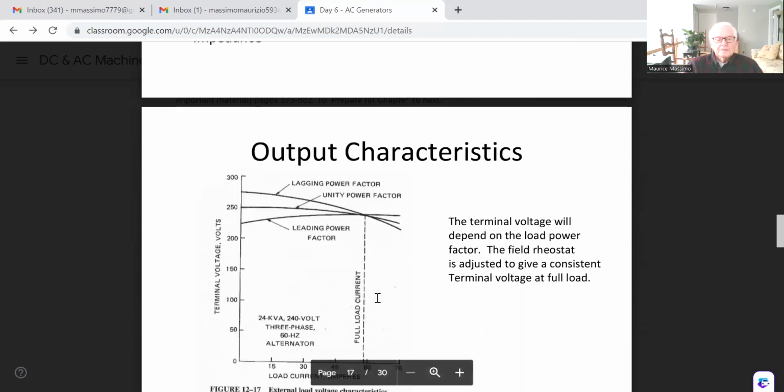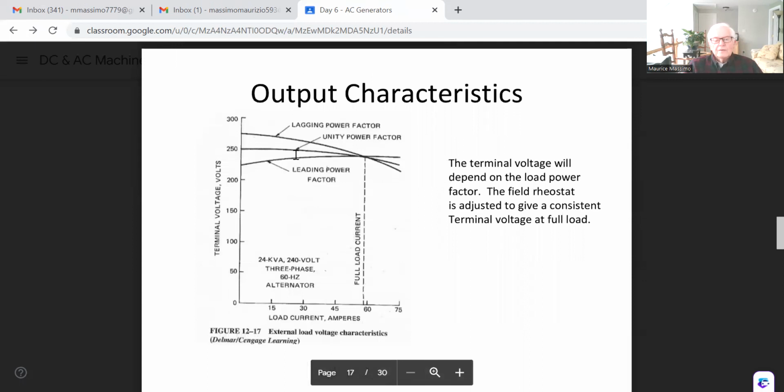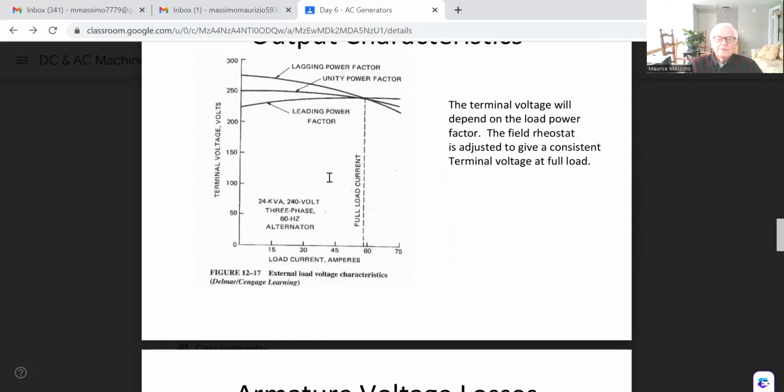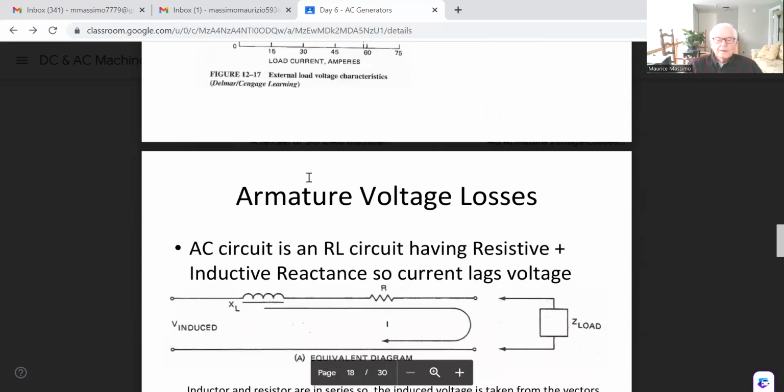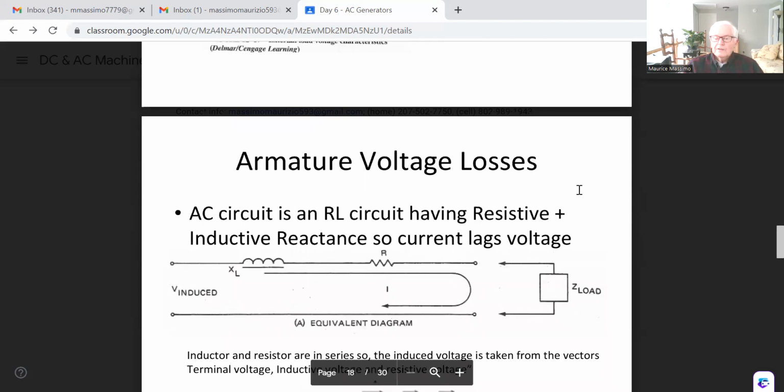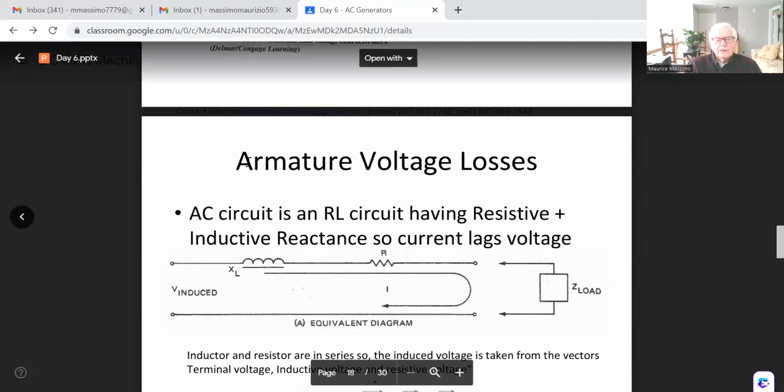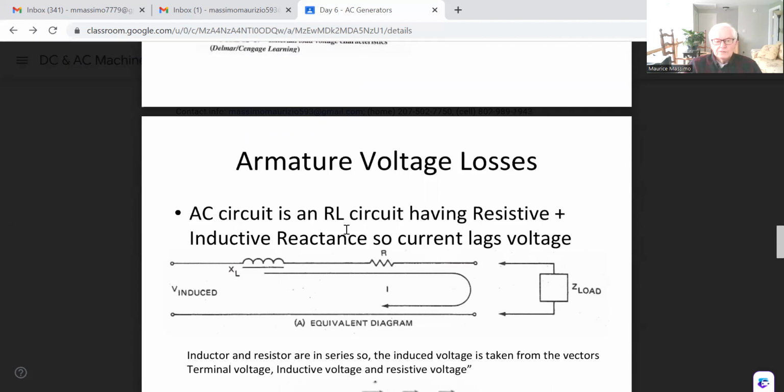And here's a bunch of curves depending on whether you're unity power, leading power, or lagging power, and how you achieve full load current. Now we have to consider how much power is required to get what you want out of your alternator, and for that, we have to look at the armature voltage losses.